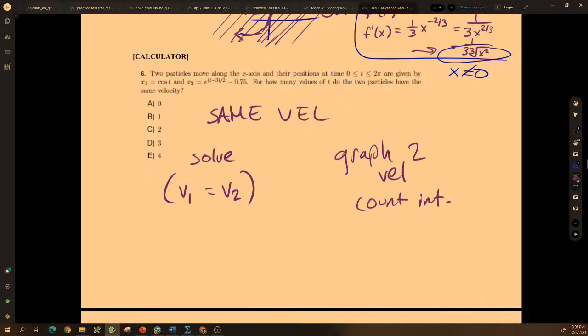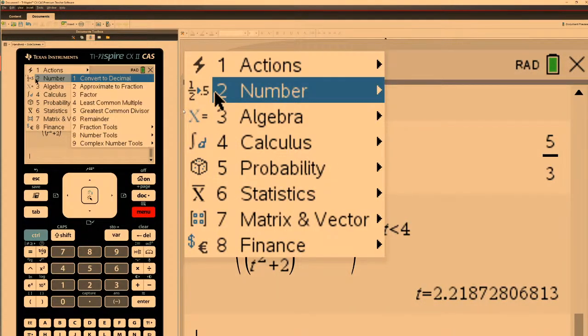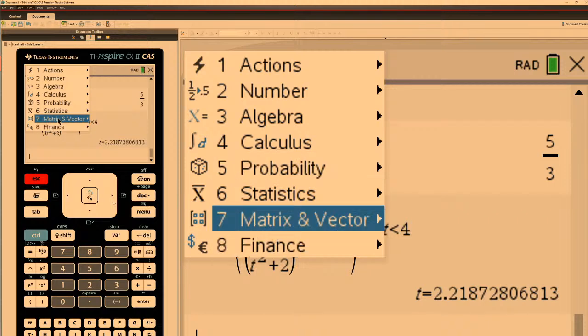So on our calculator, what that would look like is menu. Actually, before I do that, I need to get the velocities.